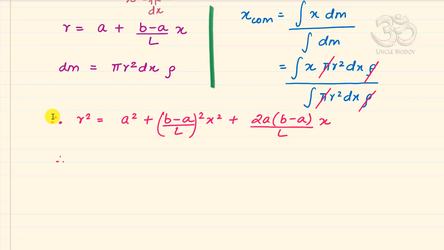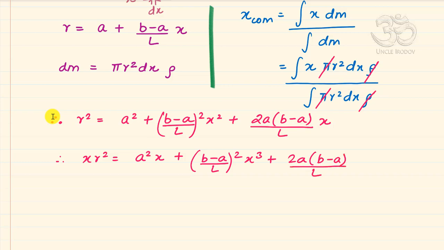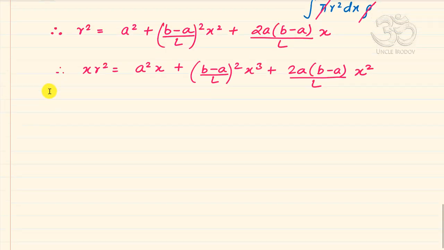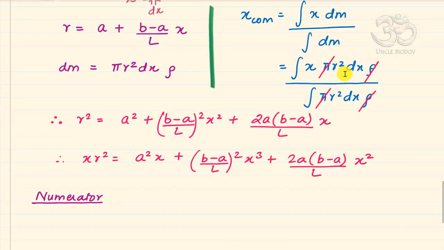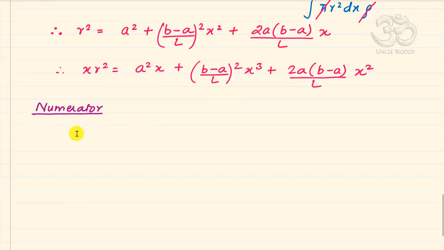And so x r square will become a square x plus b minus a by L whole square x cube plus 2a into b minus a by L into x square. And now the numerator will become integral of x r square dx. That is what the numerator is, x r square dx. So I can do that in one step. I just have to integrate this.